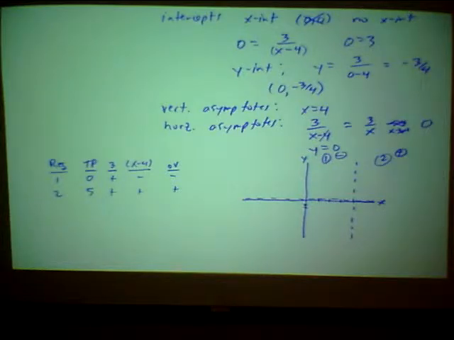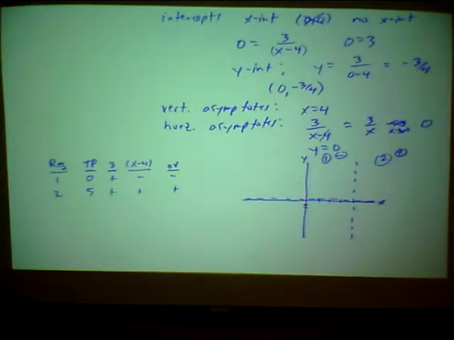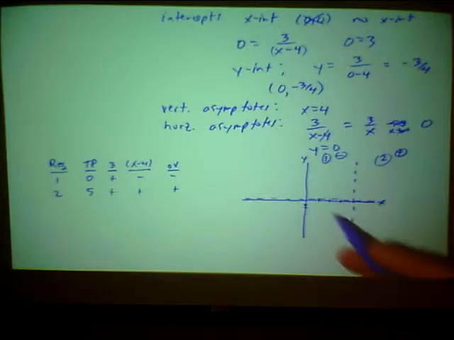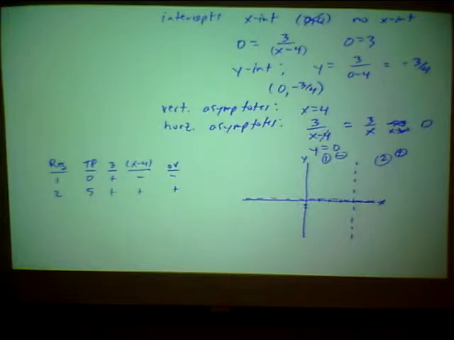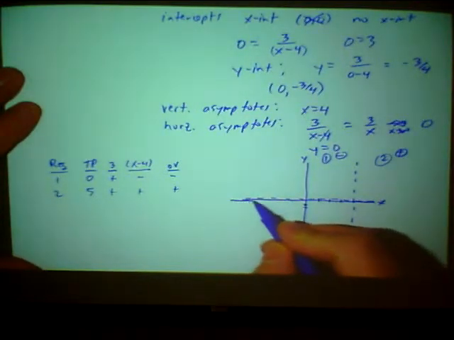So what's going on now? Sometimes this is a little bit more of an art than a science. The asymptotes, of course, are going to help define what this graph looks like, because this horizontal asymptote says as my value of x gets more and more negative, it's going to approach this line. So somehow it's going to look like this.